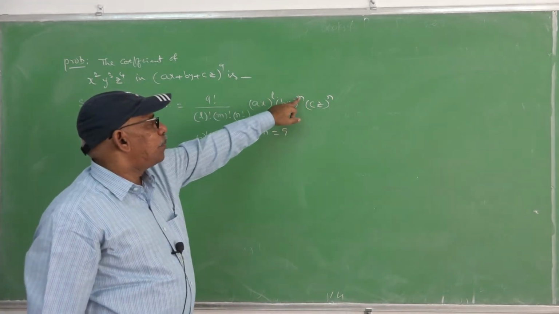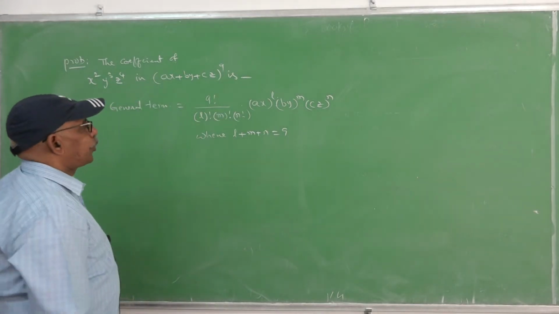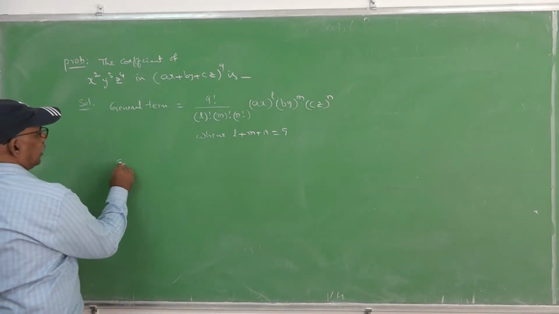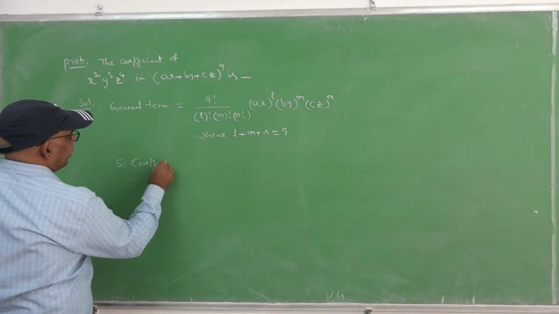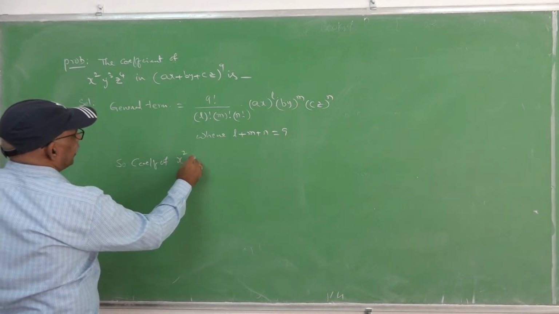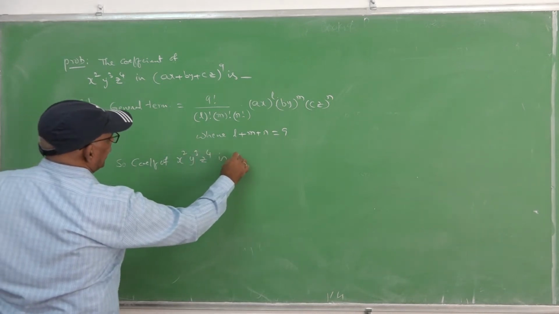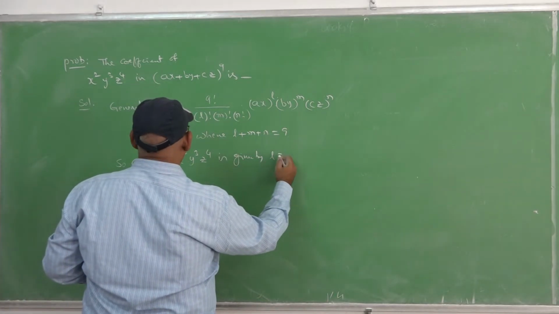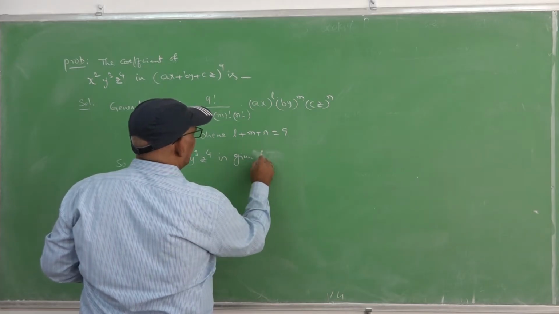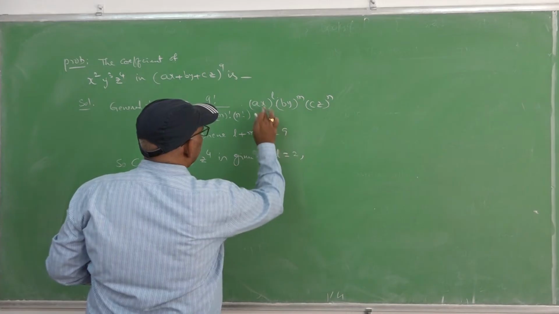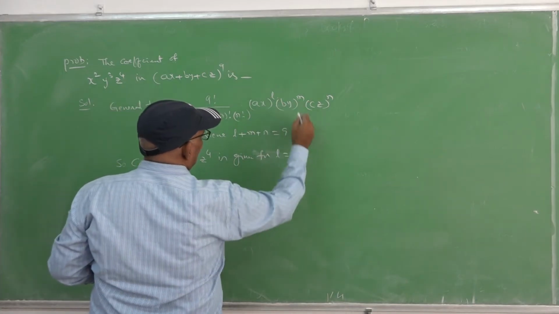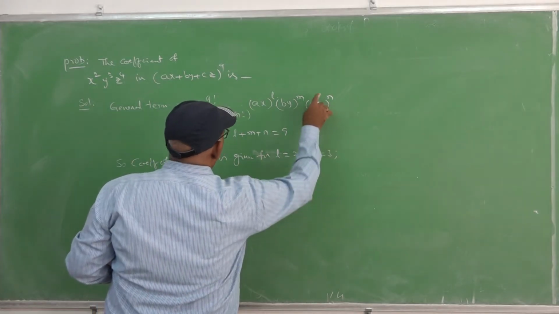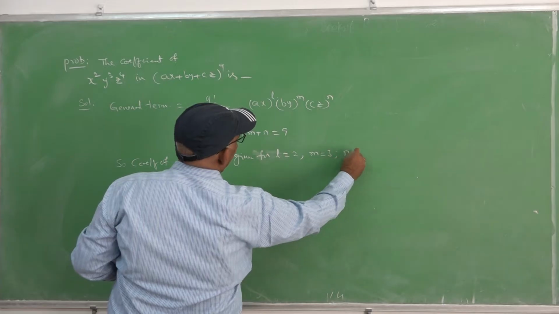So, the coefficient of x square y cube z power 4 is given by taking l equal to 2, since x power is 2, and y power is 3, hence take m equal to 3, and z power is 4, hence take n equal to 4.